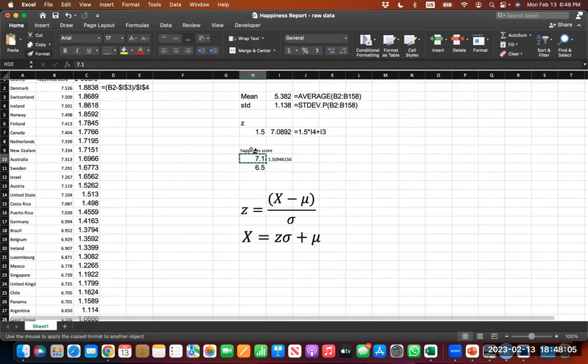Let me enlarge this. It is 1.51. Next we do the same exercise with our 6.5: parentheses, 6.5 minus our mean, divided by sigma. So that's 0.98.